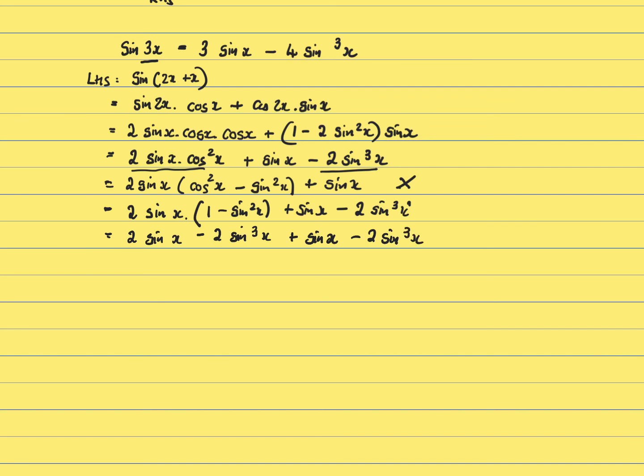Have I got any like terms? Yes. 2 sine x plus sine x gives me 3 sine x minus 4 sine cubed x. So I've added all my like terms together. And lo and behold, if I go back to the beginning, I can see that that is equal to my right-hand side.